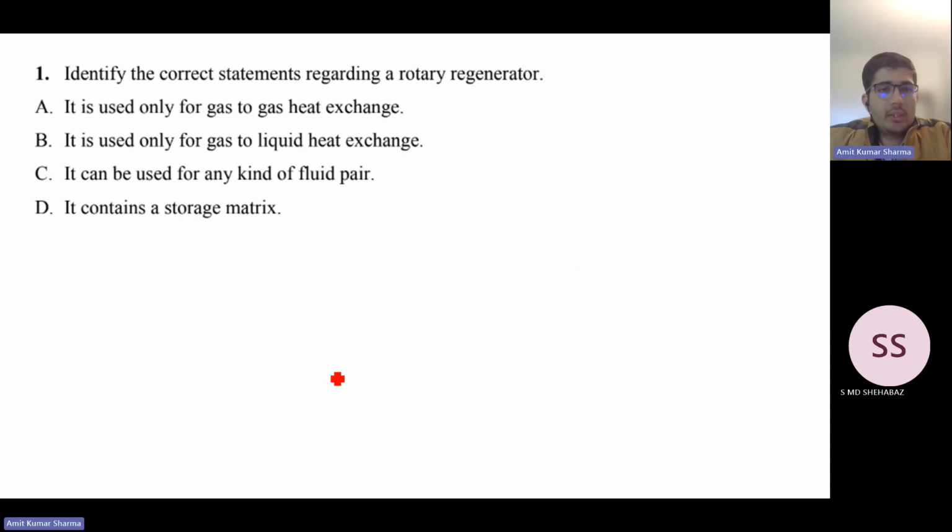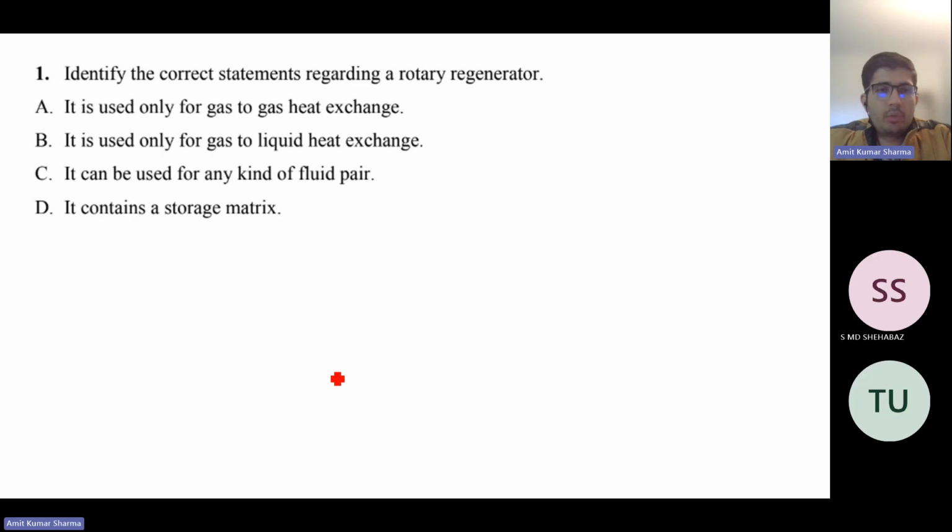So the first question is, identify the correct statements regarding a rotary regenerator. We have seen different types of heat exchangers, and this is also a type of rotary regenerator. So we have four options.